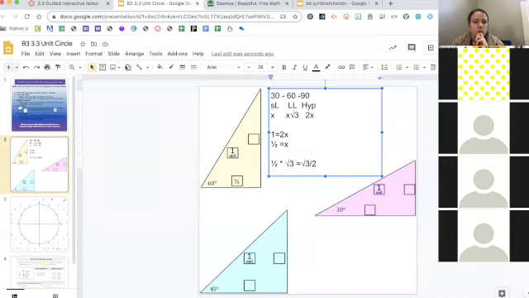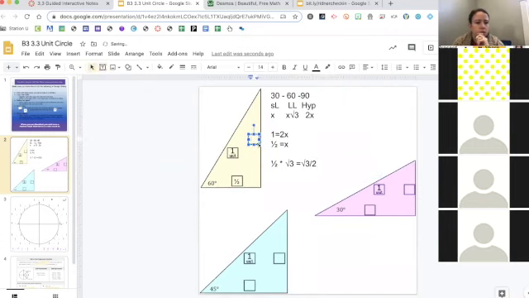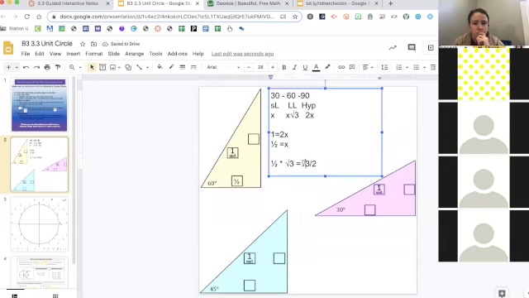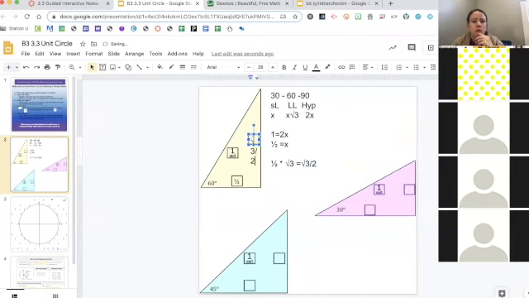So insert another box here. Make it a little smaller.